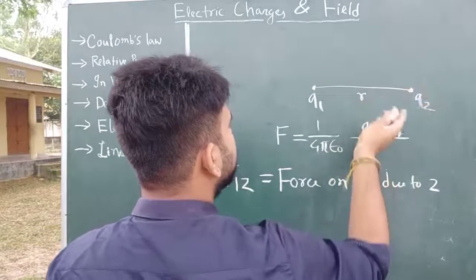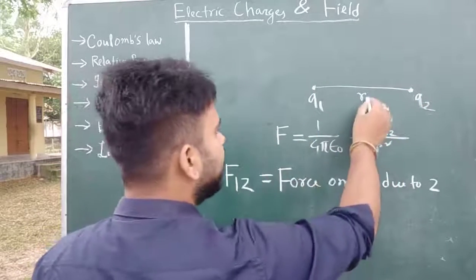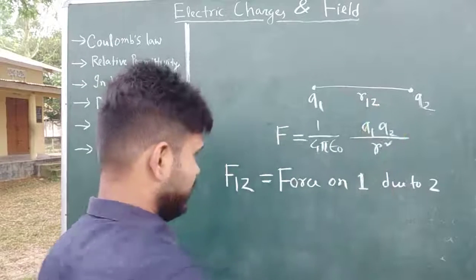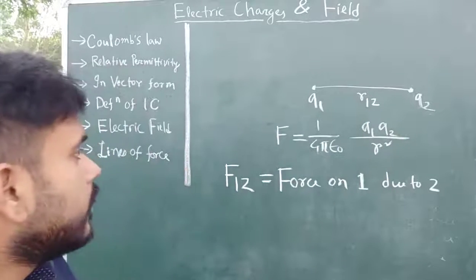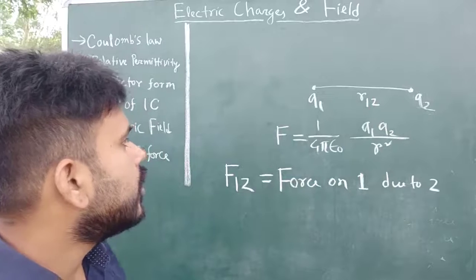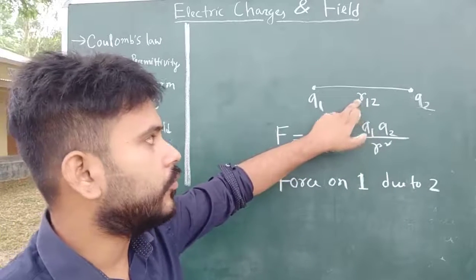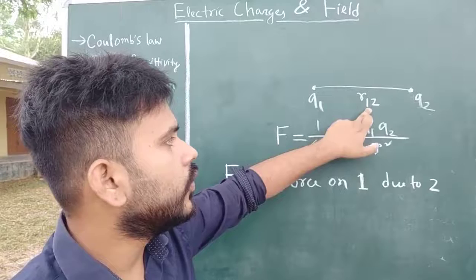So in vector notation we need to define R as R12, the position vector of Q1 with respect to Q2.